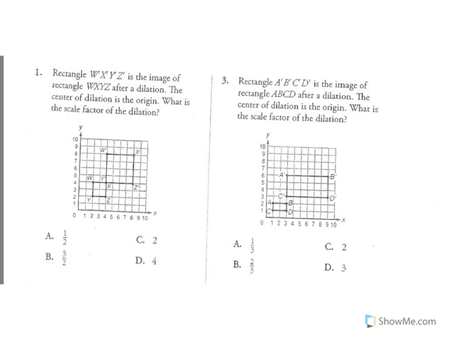So you're going to look at the lengths of the straight lines, and you're going to look for the scale factor of new over old. So the new length is going to be W prime X prime.